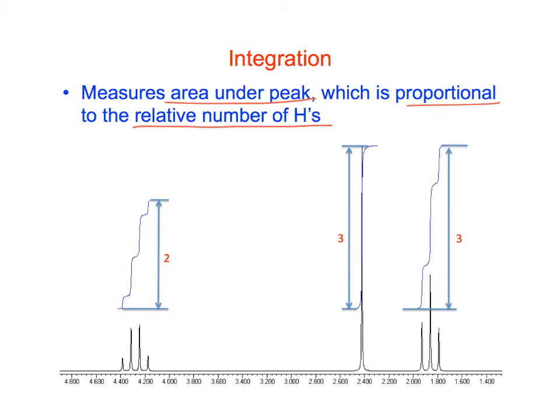So if we took out our ruler and measured these, we'd get some number in centimeters or something, but what we'd find is it should be roughly a 2 to 3 to 3 ratio. Usually if I was doing this, I would measure it and try to set one of the values to 1, but in this case, it doesn't work, and so you'd find that it's a 2 to 3 ratio, okay?